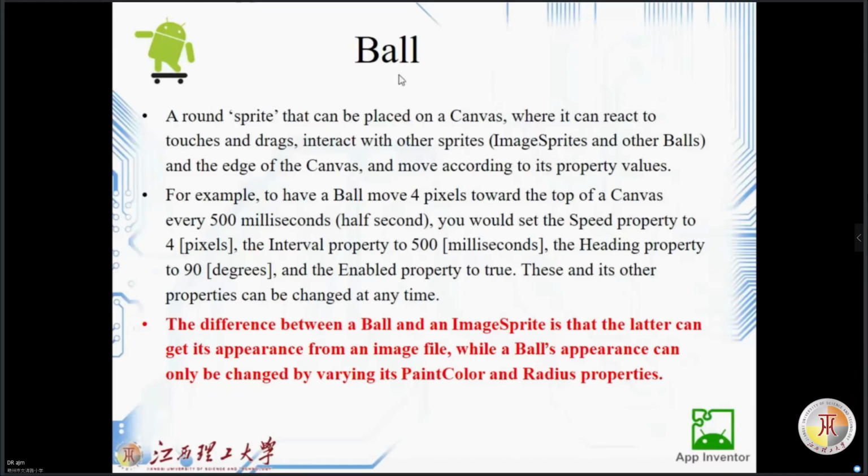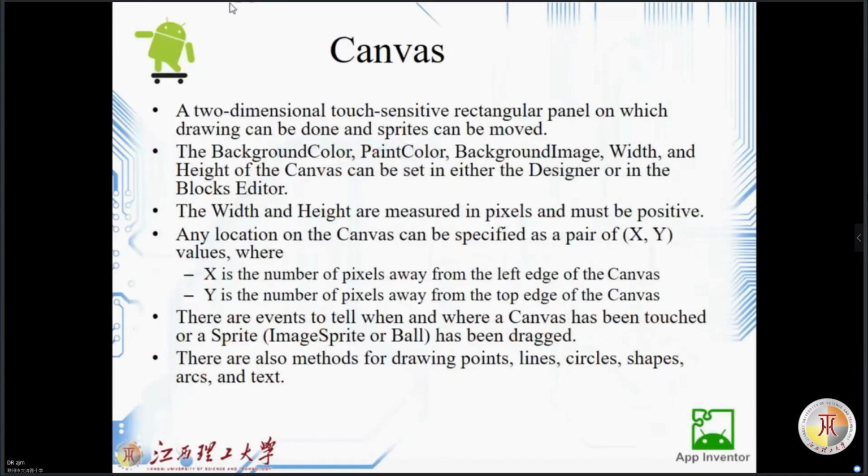The next part is canvas, which is a two-dimensional touch-sensitive rectangle on which drawing can be done and sprites can be moved. The background color, paint color, background image, width and height of the canvas can be set in either the designer or the blocks editor.